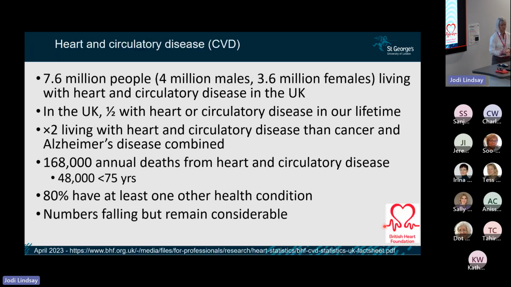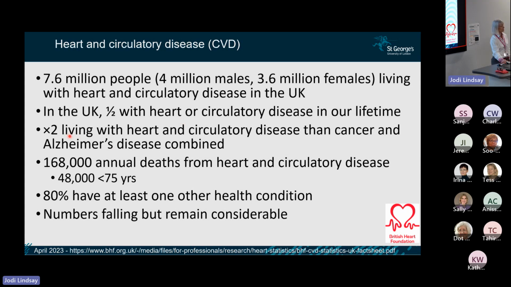So just a quick snapshot from the British Heart Foundation about how they're now talking about heart and circulatory disease together. This is their PDF summary from April this year, saying there are about 7.6 million people living with these conditions. About half of us at some point in our lifetime will have a heart or circulatory disease event or period of suffering with that.